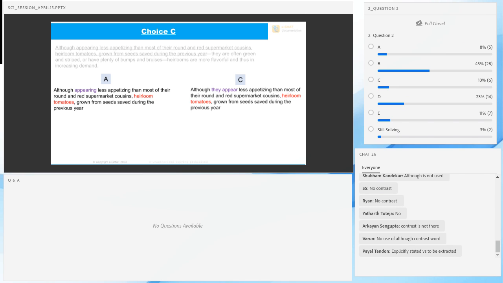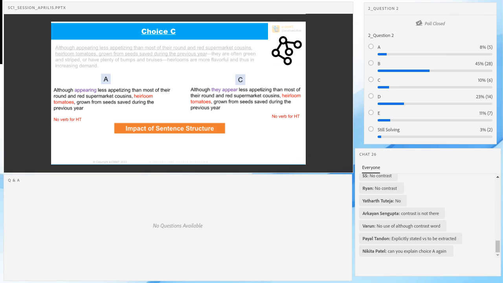Frankly, if you compare choices A and C, if you rejected choice A for the right reasons, that same reason is applicable for choice C. People who selected choice C definitely rejected choice A, but maybe they didn't reject choice A for the right reasons, or maybe they couldn't do the sentence structure on choice C. So again, this goes back to your core skill of being able to extract the meaning.